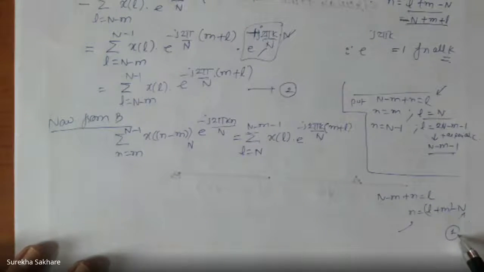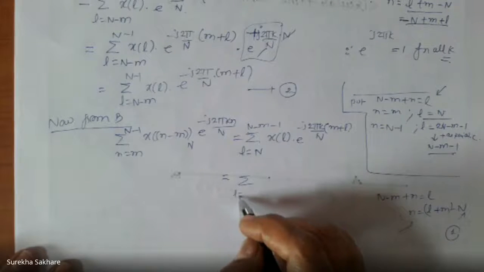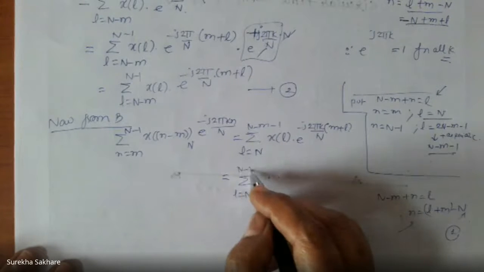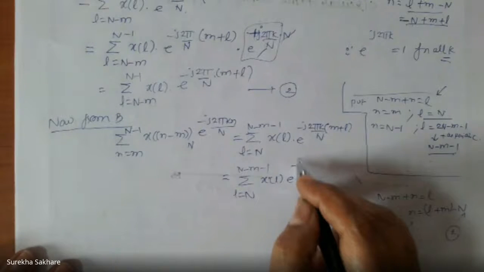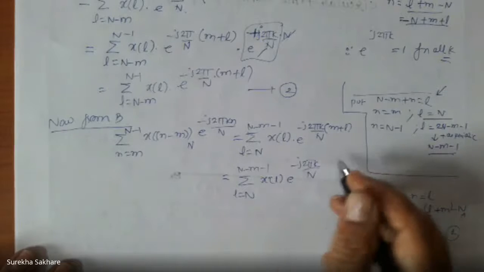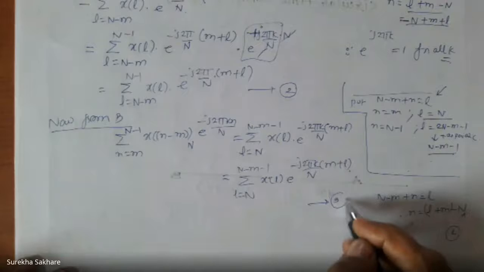So L is equal to 0 to N minus m minus 1, x of L e raised to minus j 2 pi k by N into (m plus L). This is equation number 3.